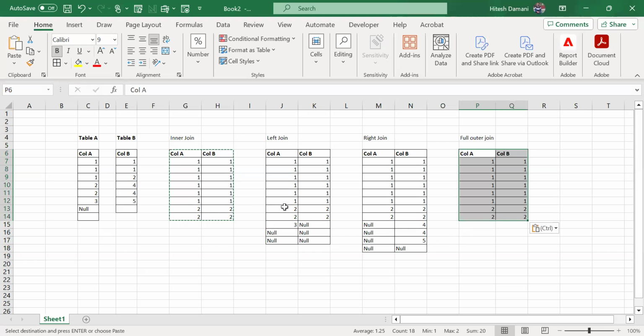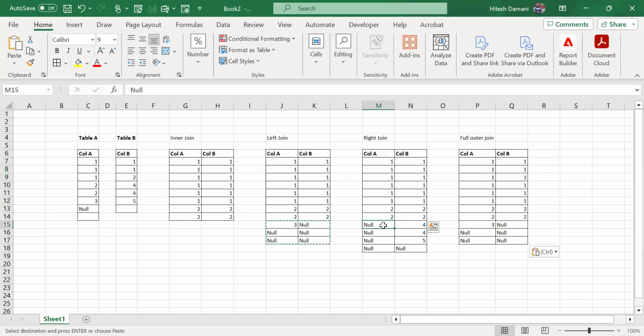Apart from that, all the records which are there in left join. We can see these are the records in left join, so we will keep them as is. These are the additional records in left join, so this will be part of full outer join. Now, till here we can see we have the result set of right join.